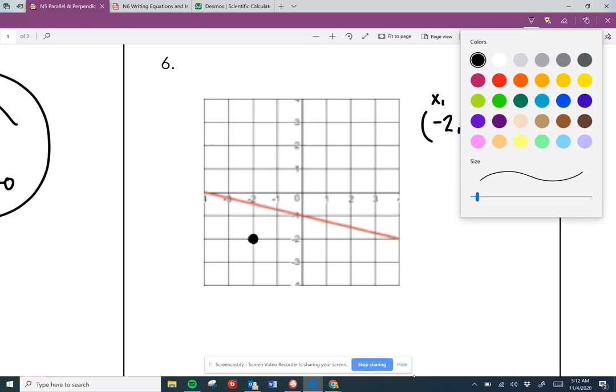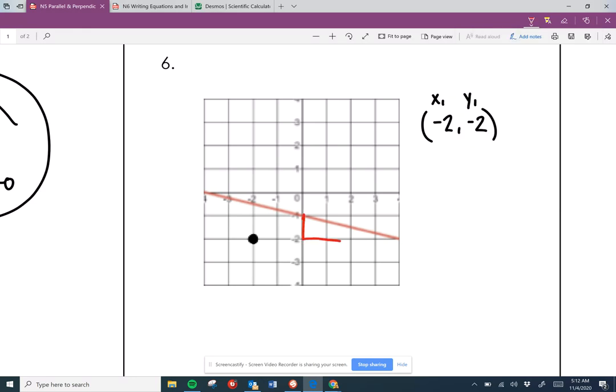So my equation y minus y1 equals m times x minus x1. Y plus 2 equals -1/4 times x plus 2.